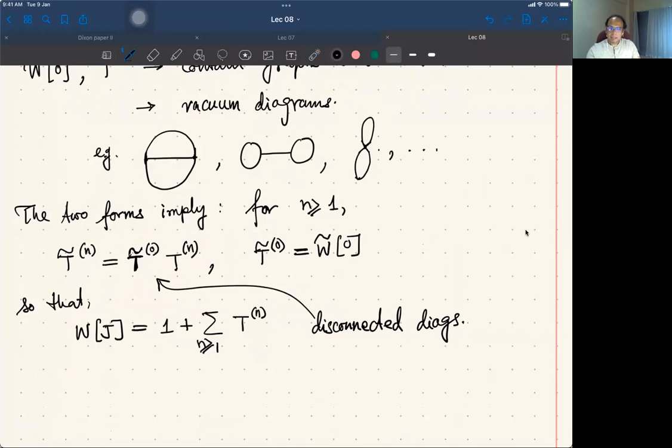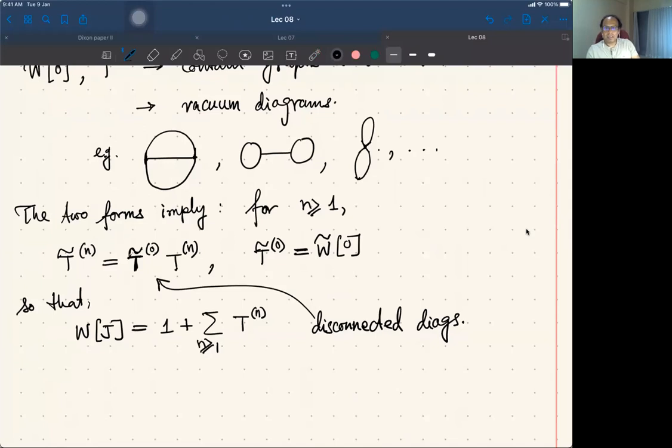And so that explicitly shows that graphs with vacuum and non-vacuum disconnected pieces will appear, where non-vacuum means diagrams with j sources. One piece is a vacuum diagram and the other piece is a non-vacuum diagram, and they are appearing in W tilde j.